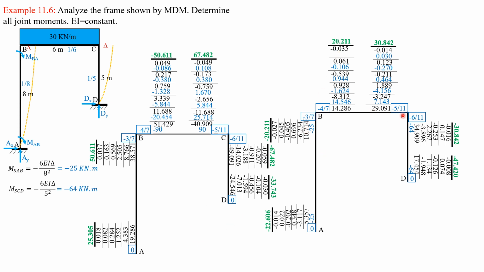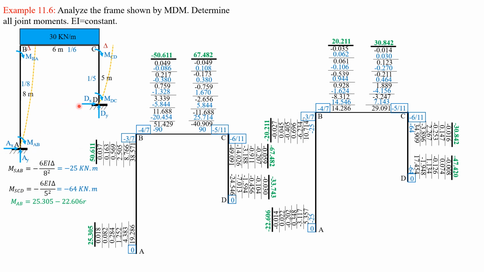Then moment CB, 67.482 plus 30.842 R. Moment CD is negative 67.482 minus 30.842 of R. And finally, moment DC is negative 33.743 minus 47.42 of R. So by statics, the equation for this is just summation of forces in x equals 0.